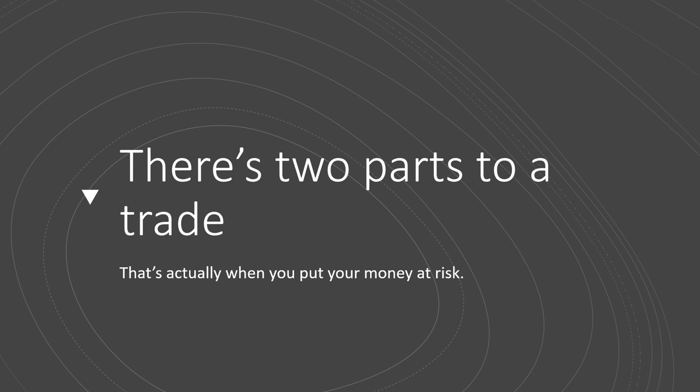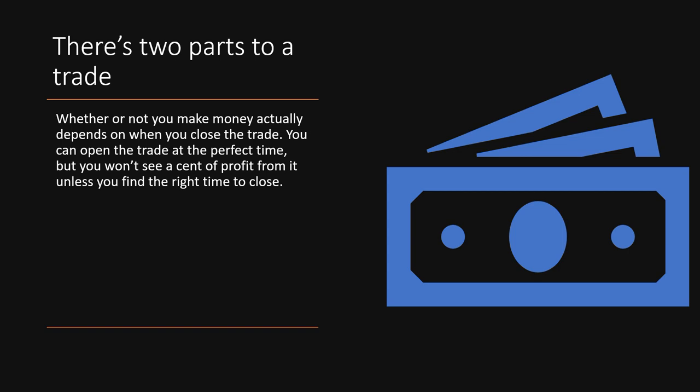That's actually when you put your money at risk. So keep that in mind. Until you open a trade, you have nothing at risk. But once you open your trade, you're entering the great world of risk. It's not till you close your trade that you're leaving the risk behind and actually seeing profits.